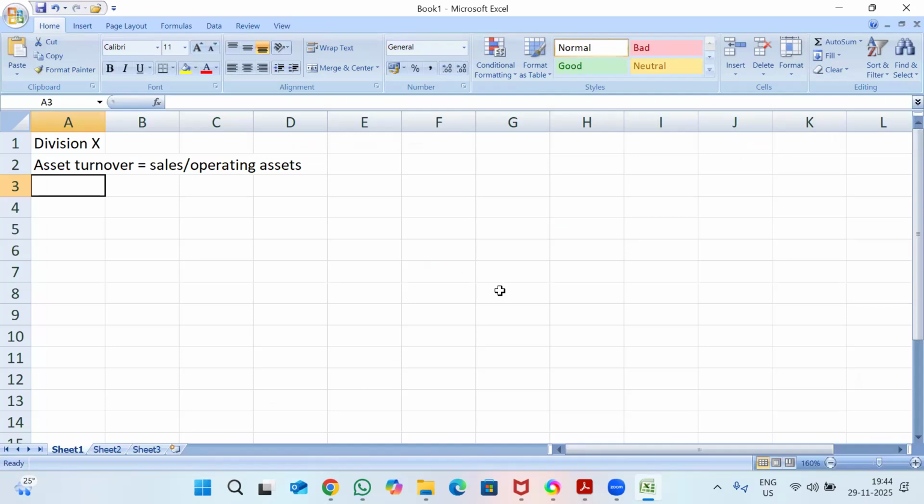So 10 divided by 2, I will be getting 5. This should be represented as 5 times. Asset turnover should not be represented in percentage, so remember that. 5 times.